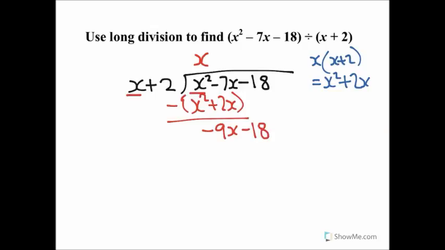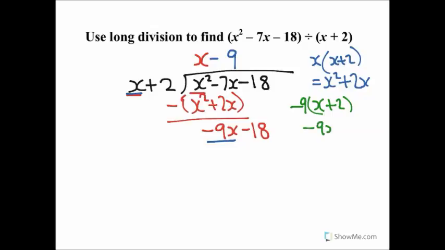Again, we will look at the first terms of each of these, x and minus 9x. Negative 9x divided by x is simply equal to negative 9. So we'll write a negative 9, and then we can go off to the side again and compute x plus 2 times negative 9.